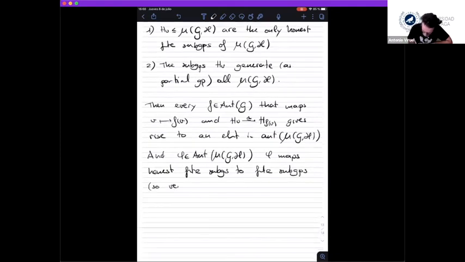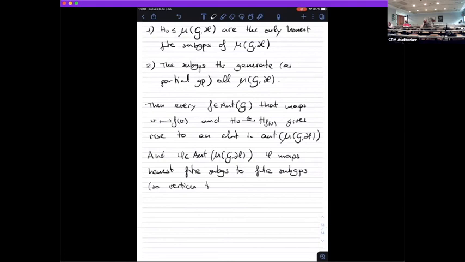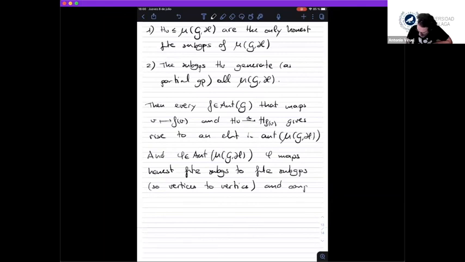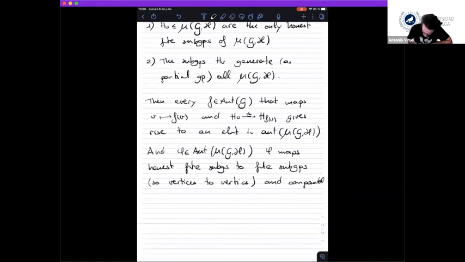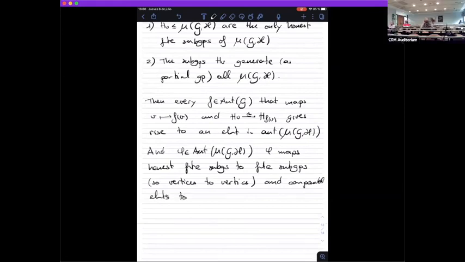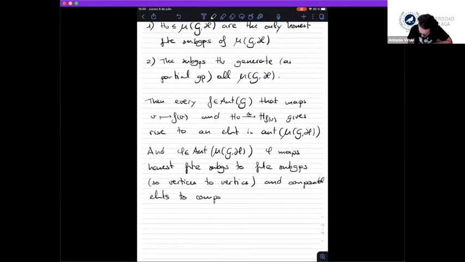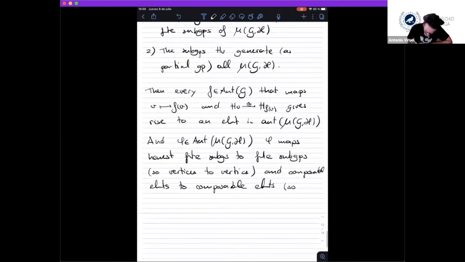So vertices, and composable elements, so edges to edges.